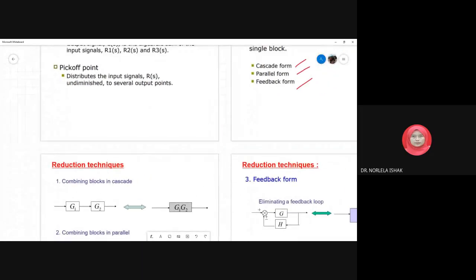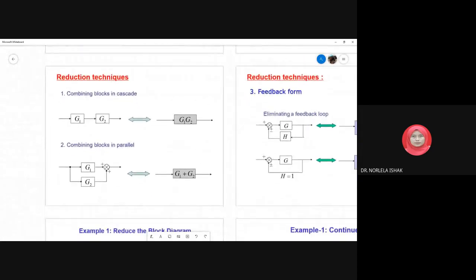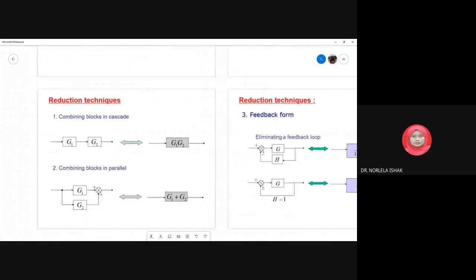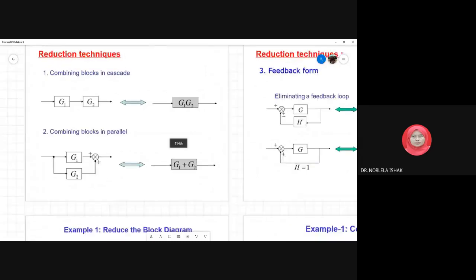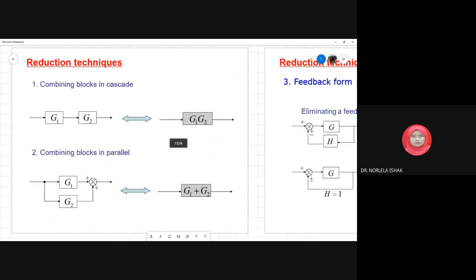You have to define the three forms first: cascade, parallel, and feedback. How does the parallel look, and how does the cascade look, and how do we reduce when we apply the reduction technique?